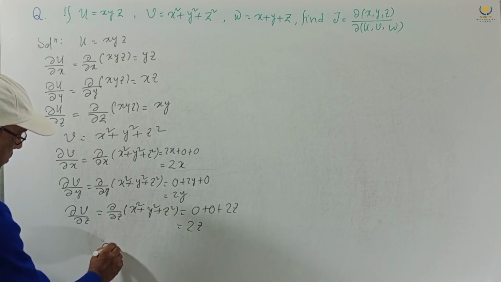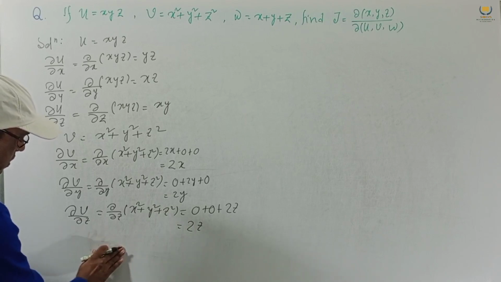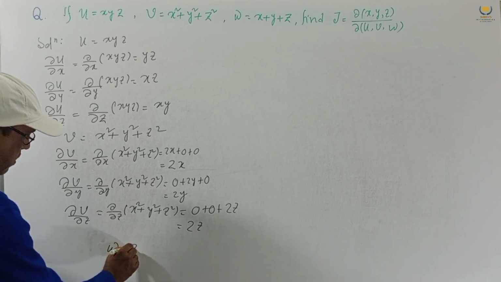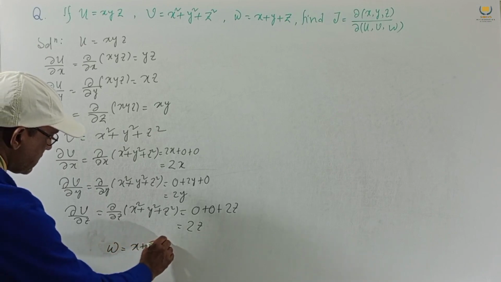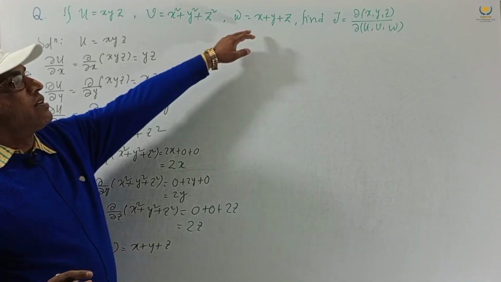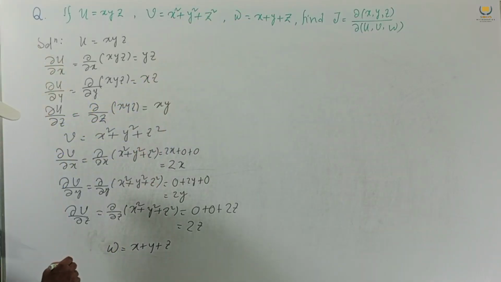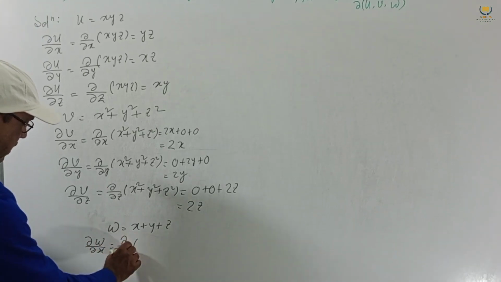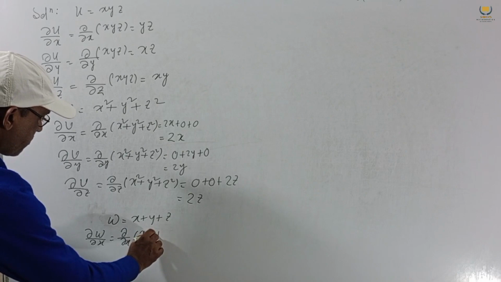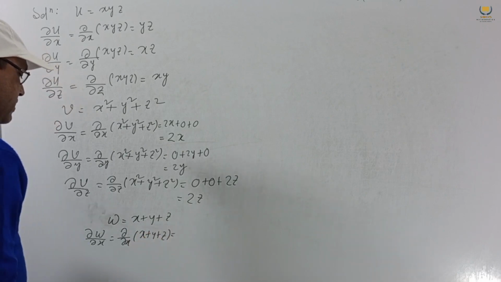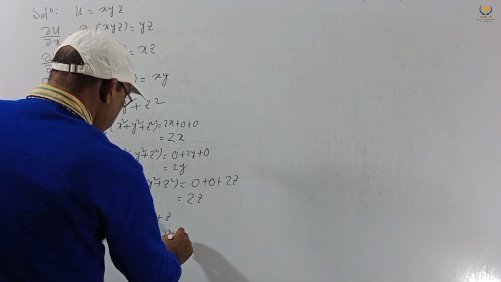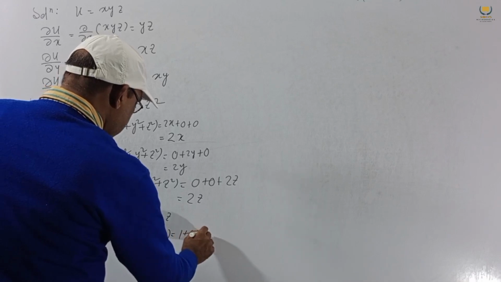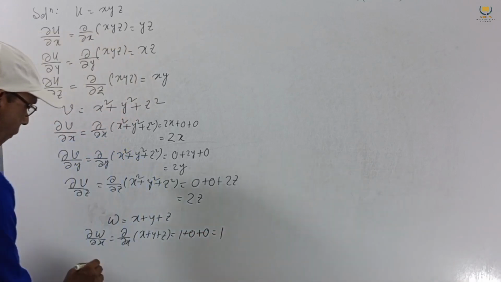And w equal to x plus y plus z given. These are w. So we get del w by del x, del by del x of x plus y plus z, this is 1 plus 0 plus 0 equal to 1.